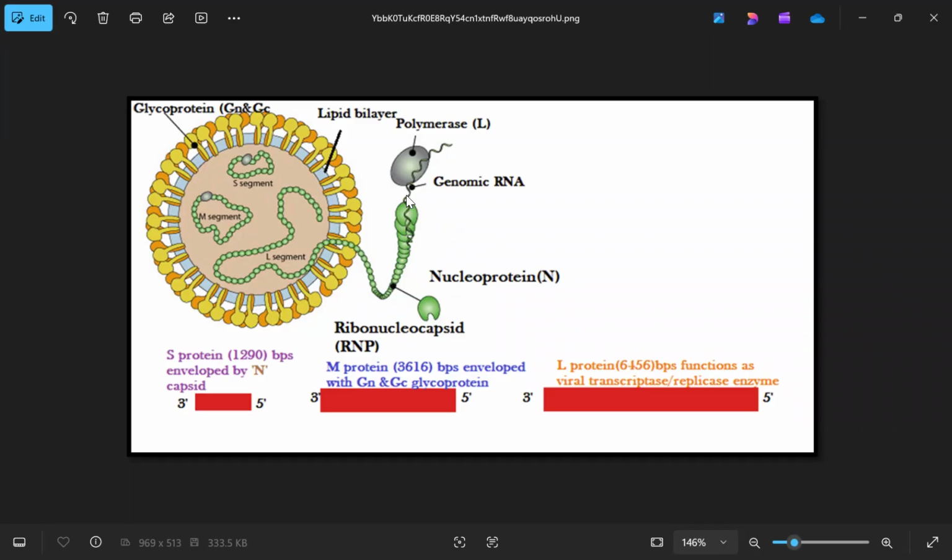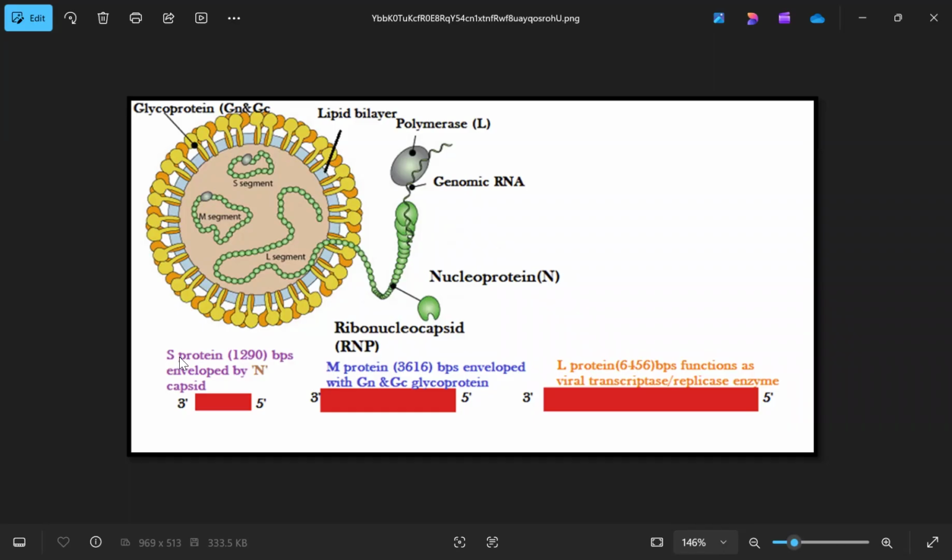Remember, this RNA is negatively sensed, it's segmented, and this ribonucleocapsid has a polymerase. So you have this nucleoprotein N protecting the genome, the RNA, and that segment has a polymerase. And each segment has that polymerase. So you have this RNP that's protecting the RNA.